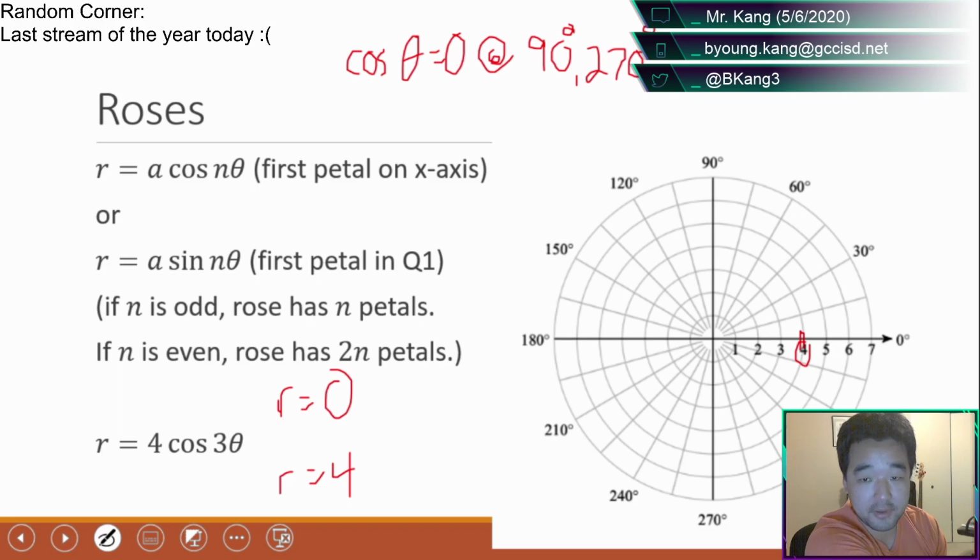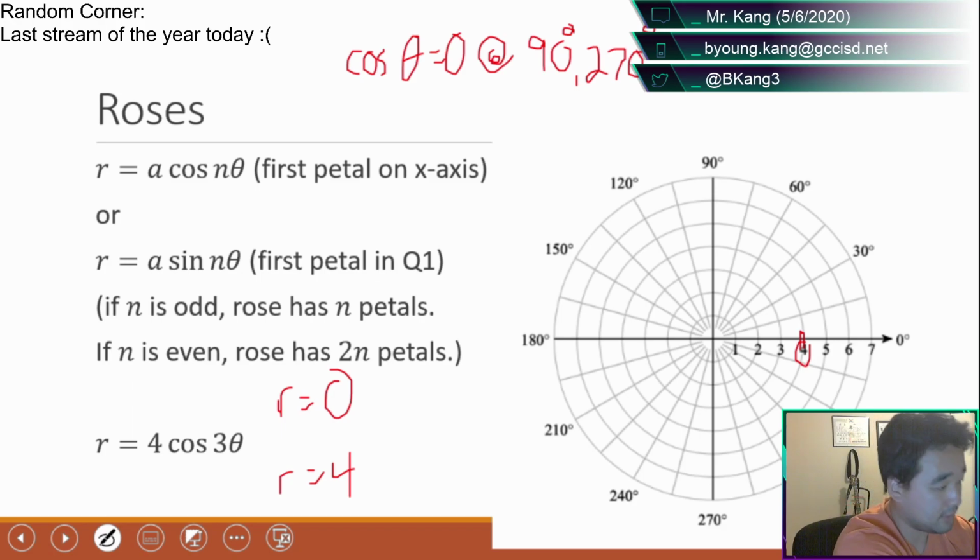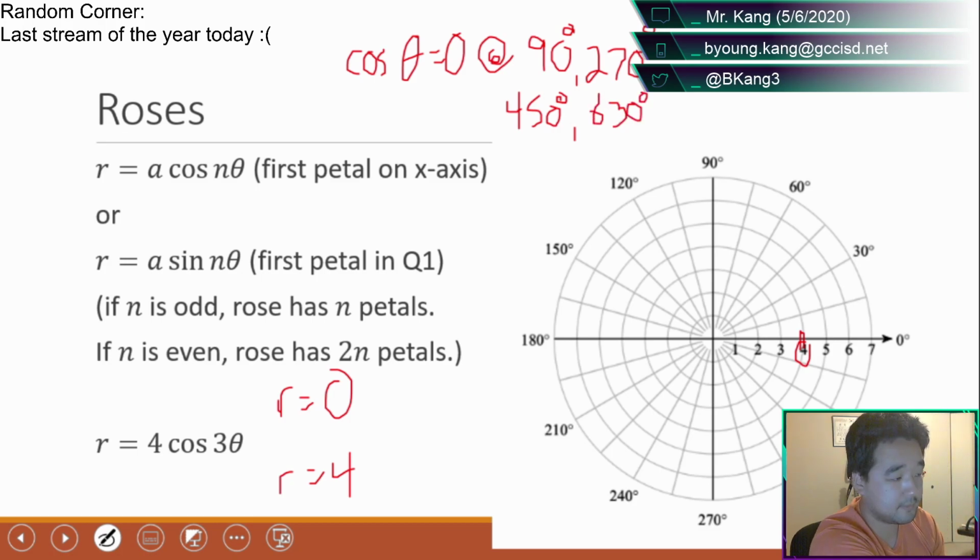And then technically that's periodic, right? So you could add 360 to both of those and you could figure out other zeros in the problem. So add 360 here, you get 450. Add 360 here, you get 630.